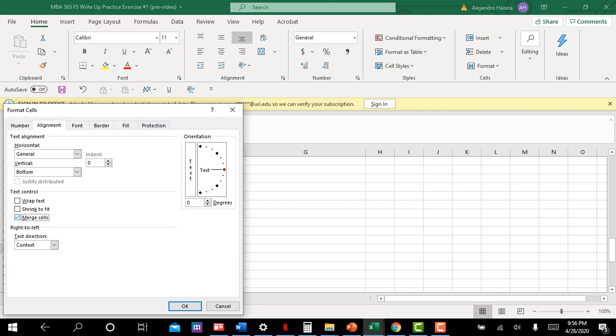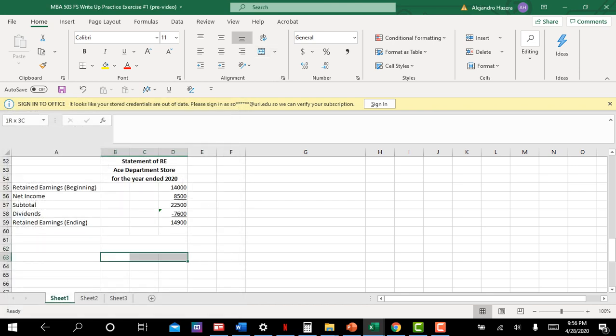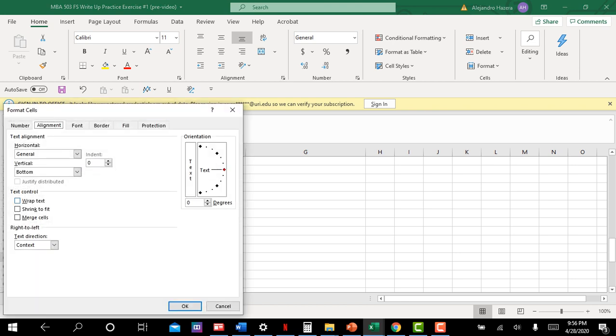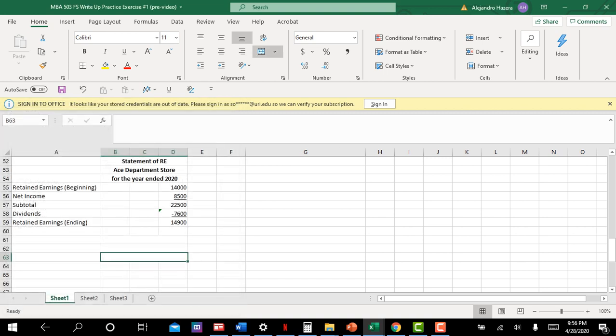I'm going to merge cells, merge these cells too, and then we can go on to our balance sheet. Okay, so this is the balance sheet. Really, the company's name should go first, but at this point, it's all good.